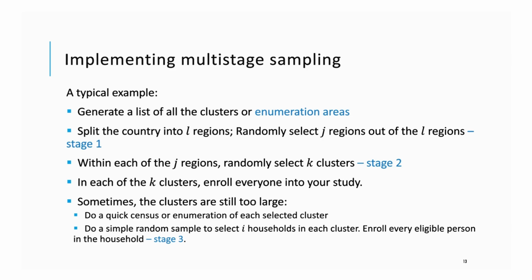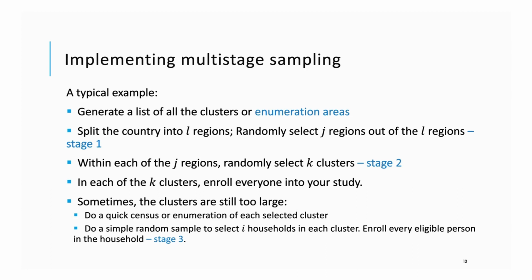Now, after selecting counties, you might want to check again. Is it possible to go to all the households in the counties? At that stage, you might say, well, maybe for each of the counties, we should do another random sample. So in essence, you've done a simple random sampling in 3 different stages.